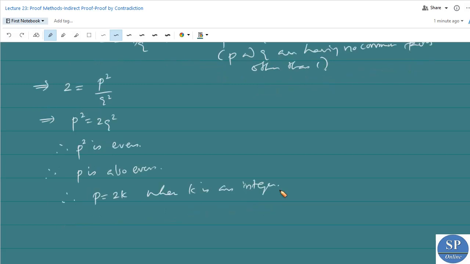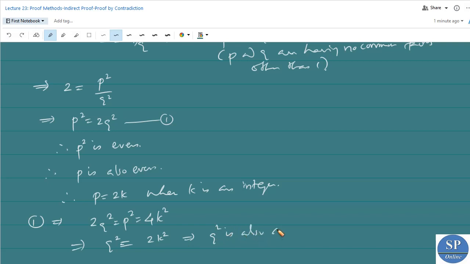So since p equals 2k, from this equation we have 2q square is equal to p square, that is equal to 4k square. Therefore, q square is nothing but 4k square divided by 2, that is 2k square. That implies q square is also an even number.